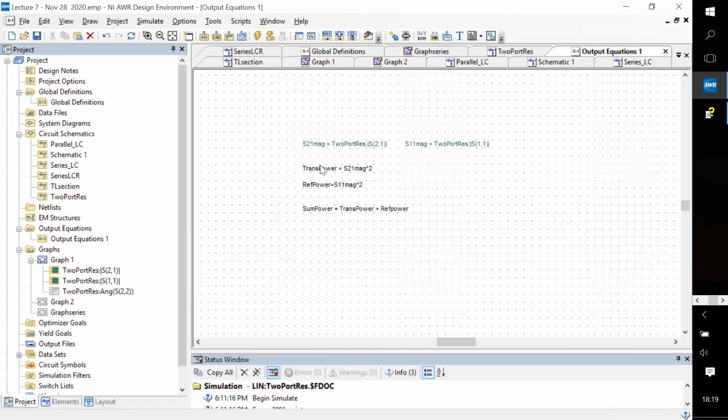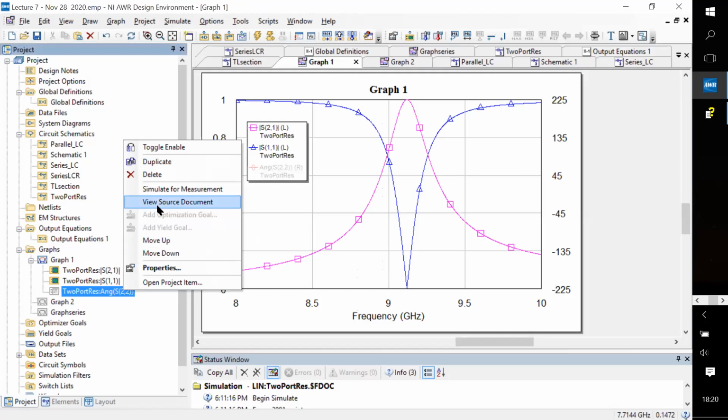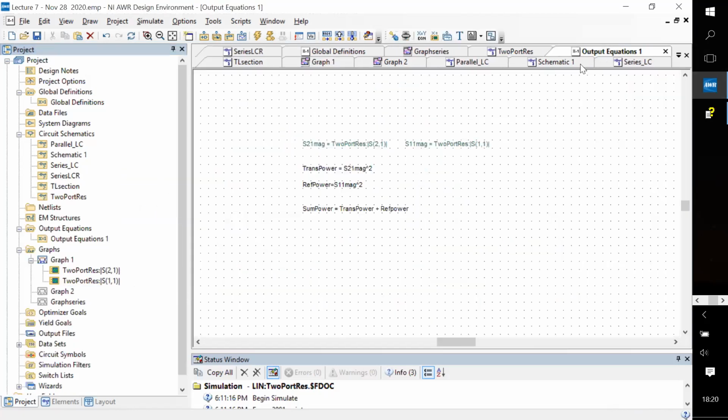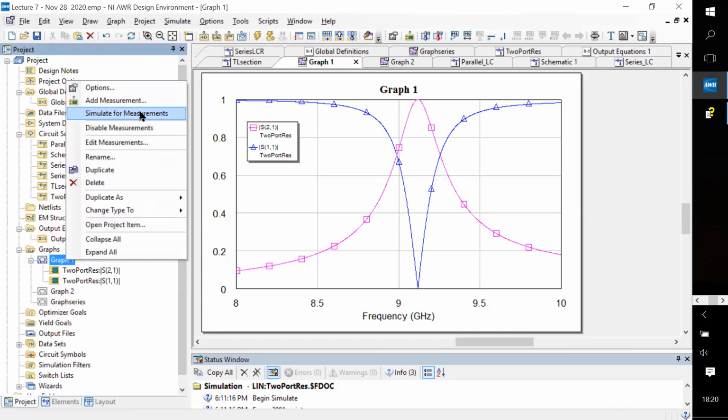Now we can plot all of these quantities as well. So let's go back to the same graph. You say add measurement.